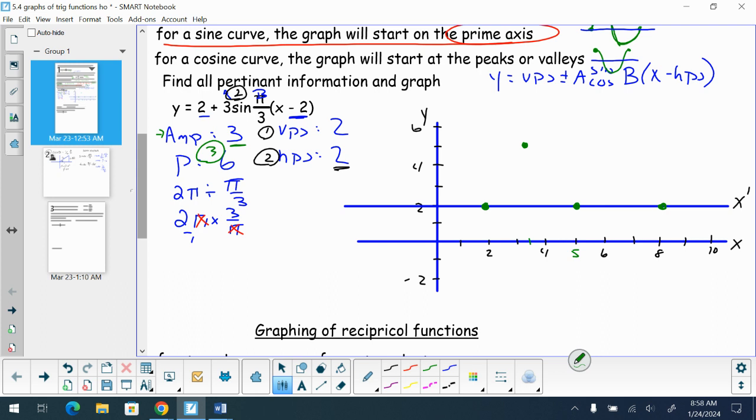Second, last gain of halves is between 5 and 8. The halfway point between 5 and 8 would be where? 6.5. And what would be our y value?